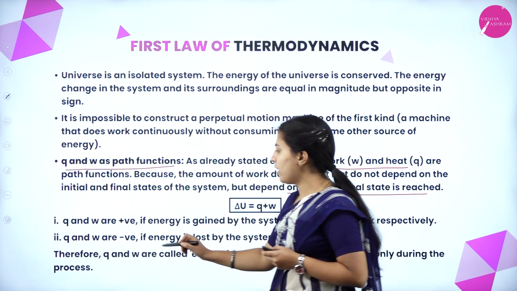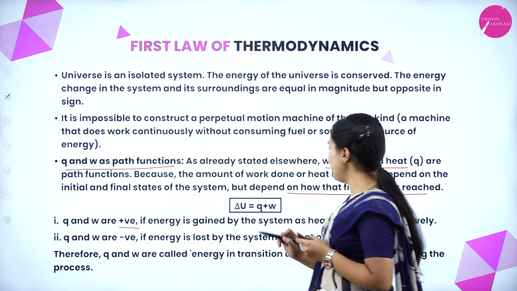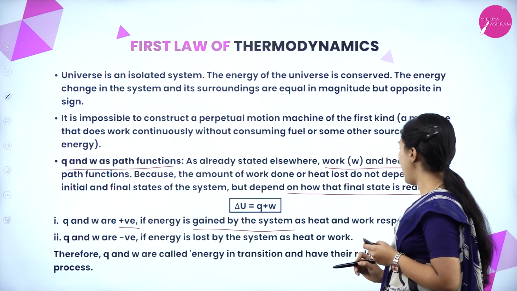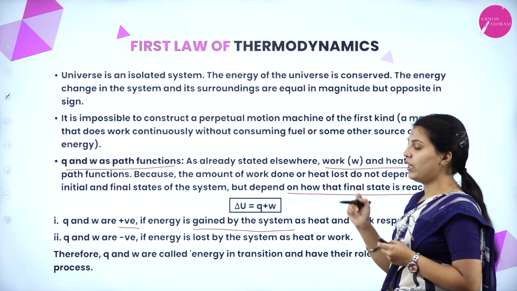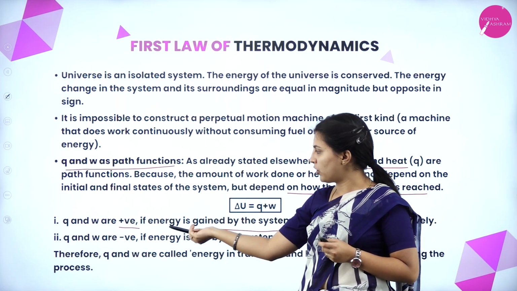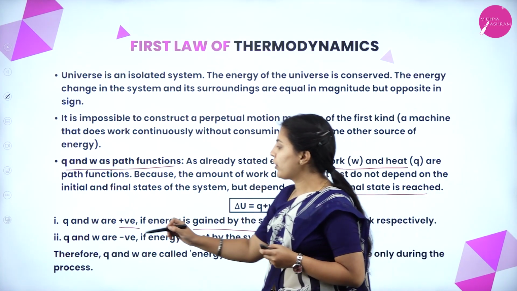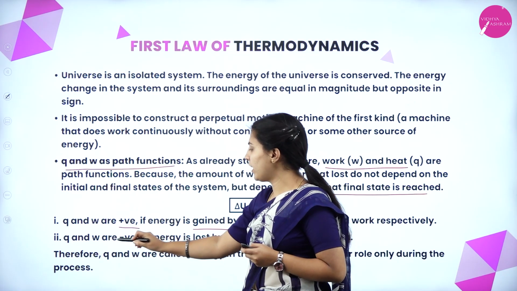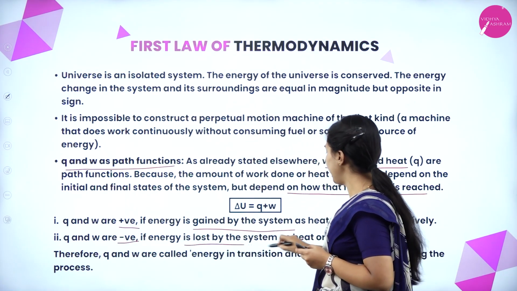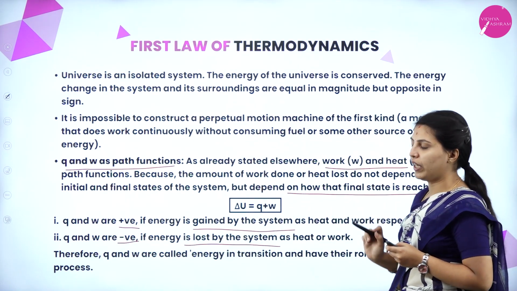Q and W are positive if energy is gained by the system as heat and work respectively. When Q and W, that is heat and work done, are negative, energy is lost by the system as heat or work.